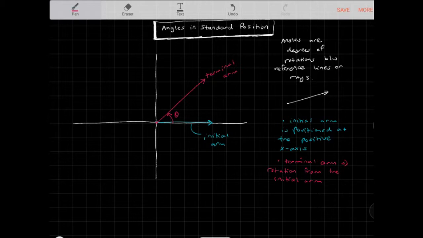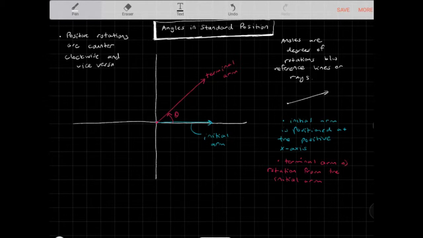So we're looking at rotations from the terminal arm relative to the initial arm, and we can understand that rotations can be positive or negative, right? So in standard form, positive rotations are counterclockwise, okay, and vice versa.